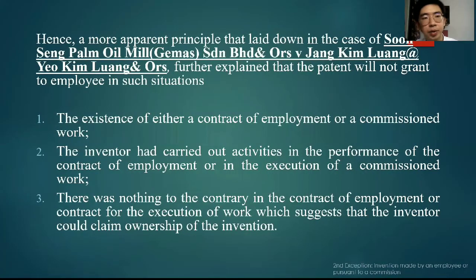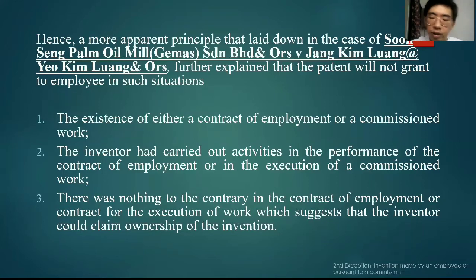In this case also, Song Seng Palm Oil Mill, Gamal Sundaram Berhad, and Jang Kim Luang, there are actually three situations that lay down that the employee will not have the patent right. The first one is there is a contract of employment or commissioned work, and then the activity is carried out as in the contract of employment or in the execution of the commissioned work.